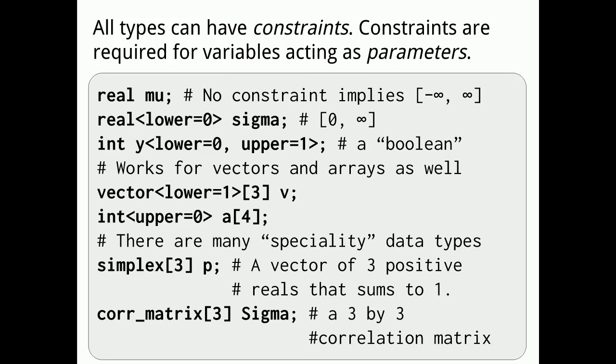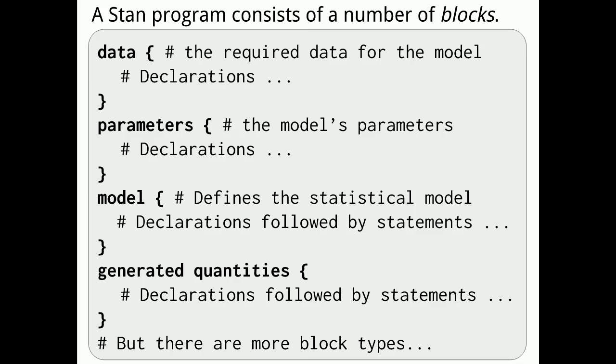So these were some of the small pieces of a Stan program. But looking at the whole Stan program, you see that a Stan program consists of a number of code blocks, where each block fills a different role. So you have the data block, which can only contain declarations, where you tell Stan what data this program accepts as input. You have the parameters block, where you declare what the parameters are.